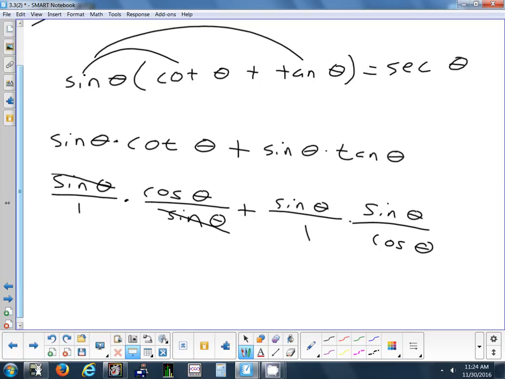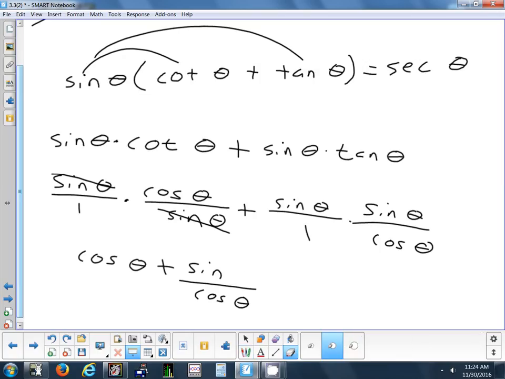Can you simplify it though? Yep, what would that simplify to? Sine squared over cosine. So sine times sine does simplify to sine squared over cosine. Any questions up to that step?